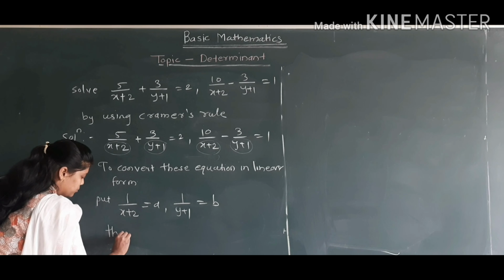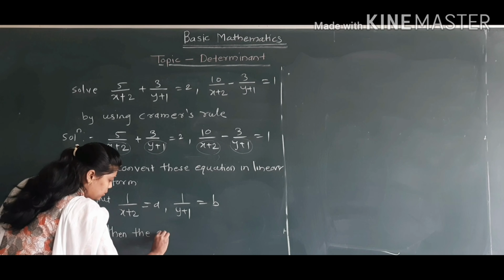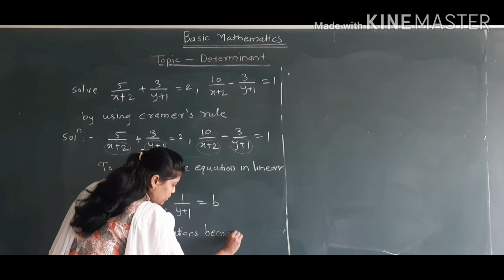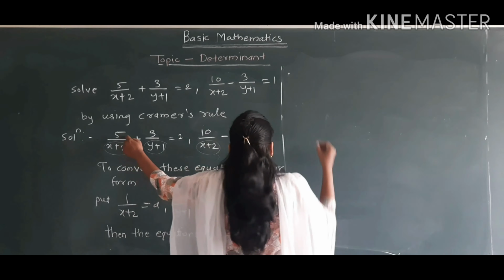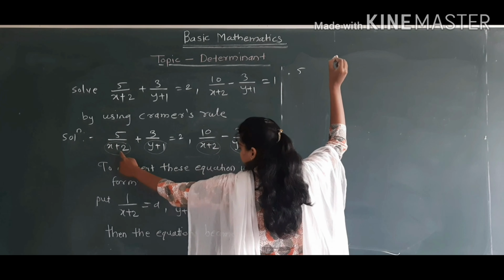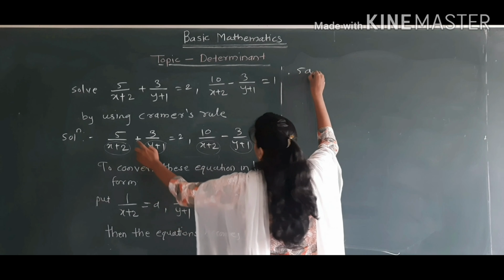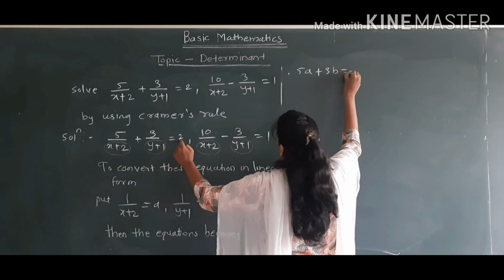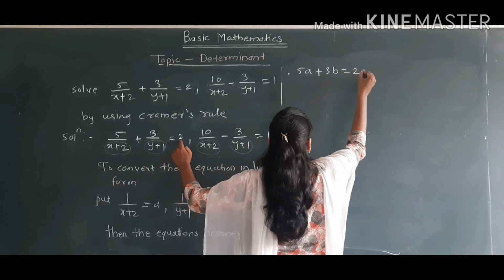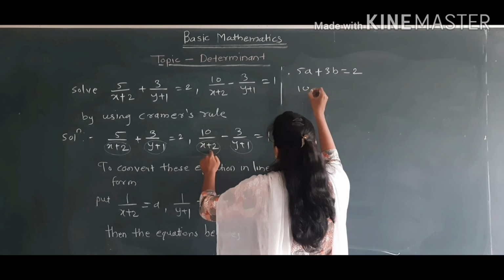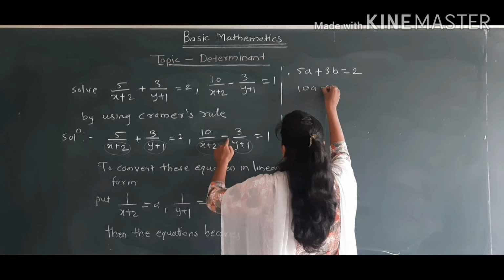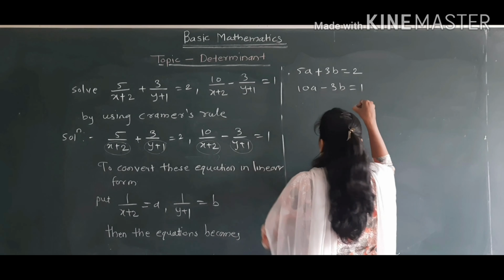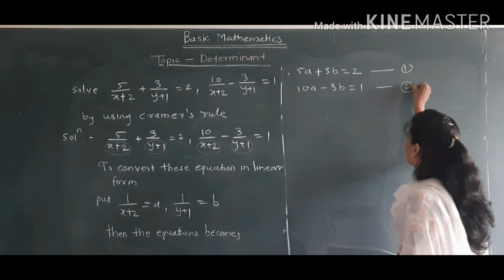Then the equations become 5 times a plus 3 times b is equal to 2, and 10 times a minus 3 times b is equal to 1. This is our equation 1 and this is our equation 2.